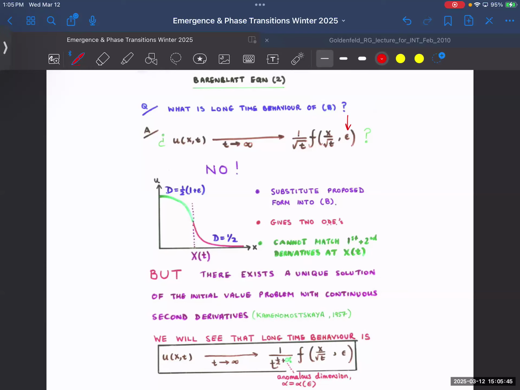Okay, well, it's easy to check. We do exactly what I told you. You assume it's true. You substitute it into the partial differential equation, into Baron-Blatt's equation. So here's your solution. I've got one diffusion coefficient in the green and another diffusion coefficient in the red. So in those two separate regions, I get two separate ordinary differential equations, one with a diffusion coefficient of a half, 1 plus epsilon, one with a diffusion coefficient of a half.